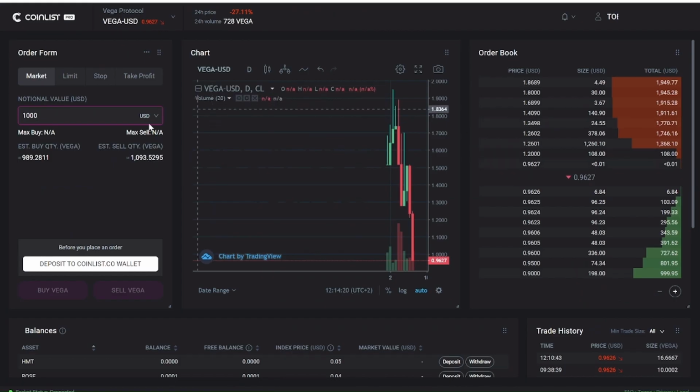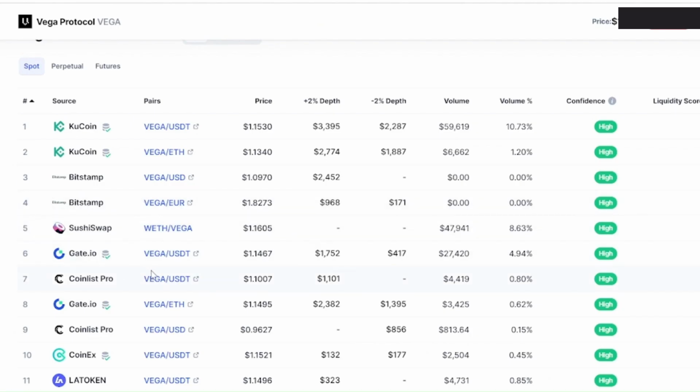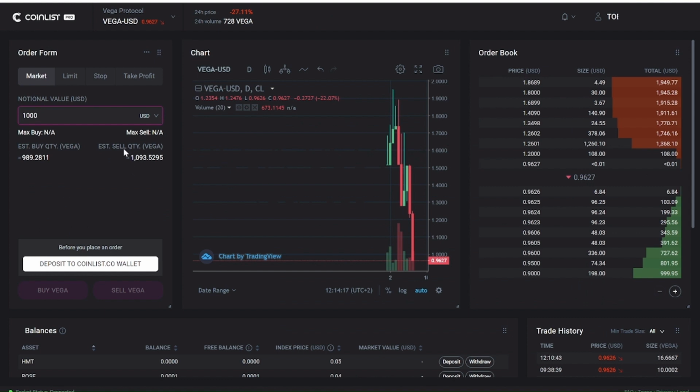Right now, I'll be getting this in Vega value, with USD value. I'll be selling to this USDT pair right here, around 1.10007. Estimate sell, you'll be making $93. Then you have to sell this to USDT.